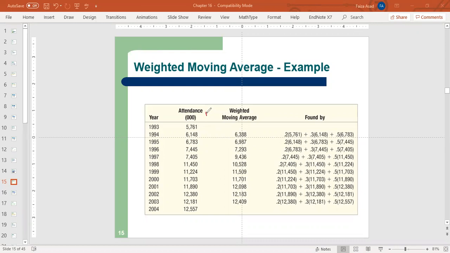We will calculate moving average for 3 years here, because this is the answers for the weighted moving average. For moving average of the first 3 years, we will add up these 3 values and then divide it by 3.